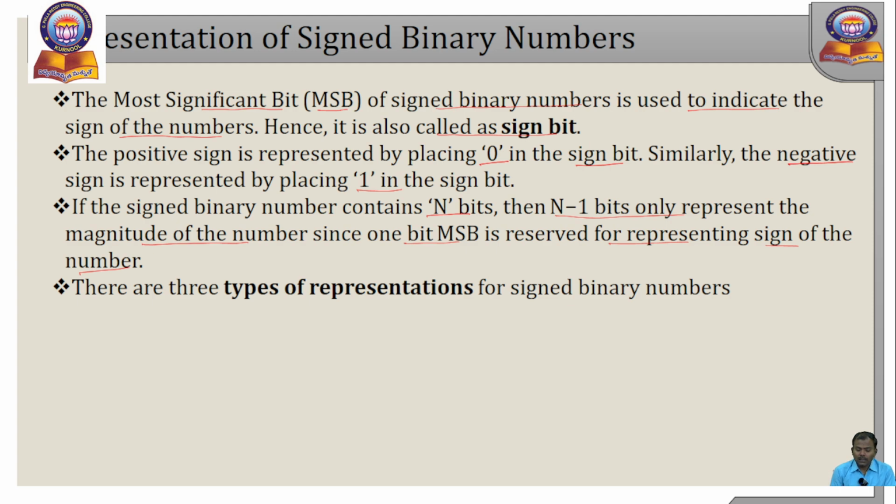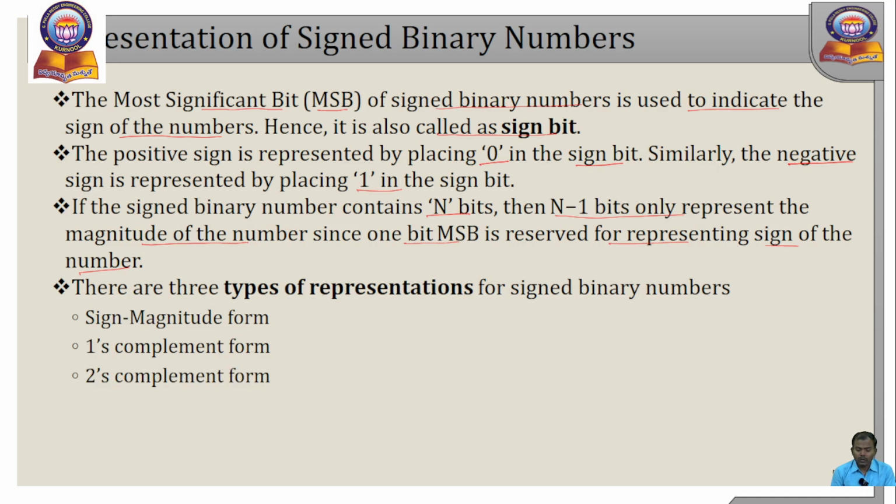There are 3 types of representations for signed binary numbers: one is sign magnitude form, another is 1's complement form, and the third is 2's complement form.